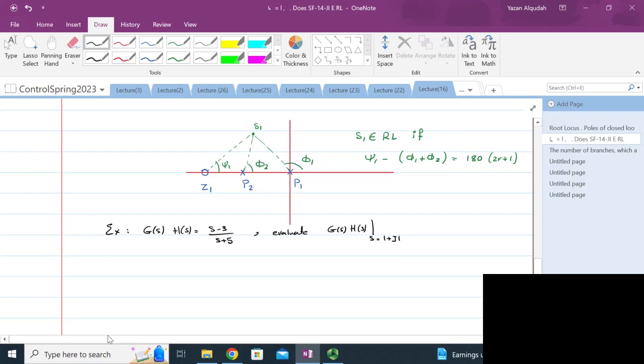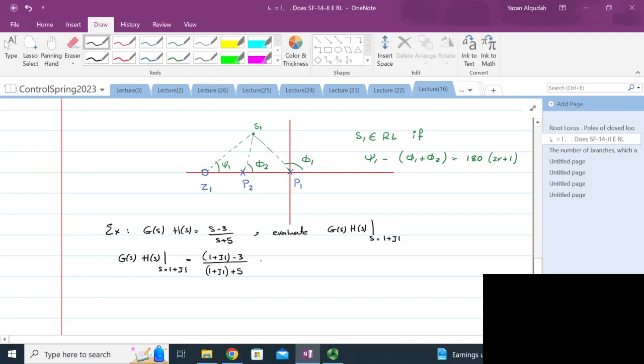How do we evaluate it when S is equal to this value? I just plug in that value, isn't it? So G of S multiplied by H of S when S is equal to 1 plus j1 is going to equal 1 plus j1 minus 3, divided by 1 plus j1 plus 5.